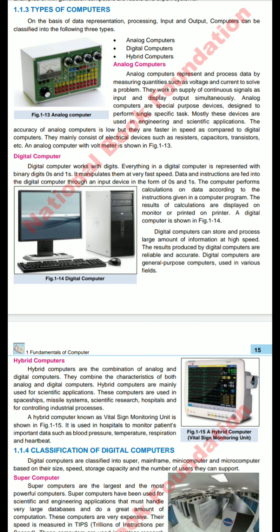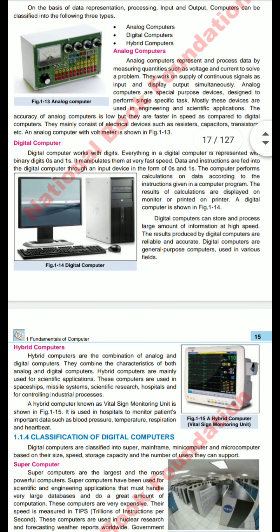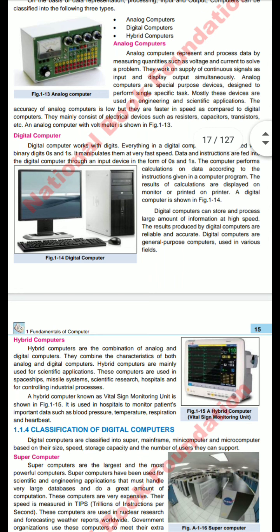Binary coding, we can say BCD, binary coded decimal. The computer performs calculations on the data according to the instructions given in the computer program. It means whenever we give input to the computer, the computer follows the instructions, processes that input and shows the result as output.